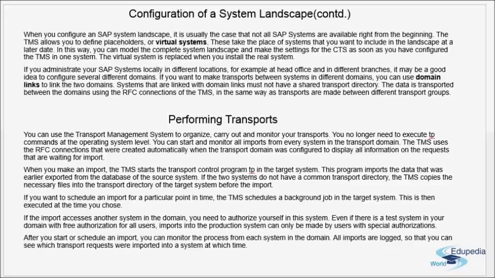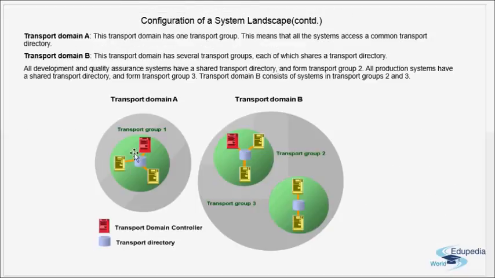Like this is the QA and this is the development. So when you are trying to do an import into the QA, data is already exported from the development and it is placed in the transport directory.